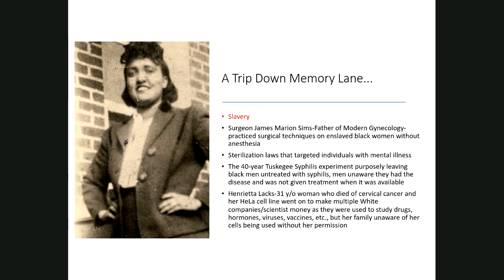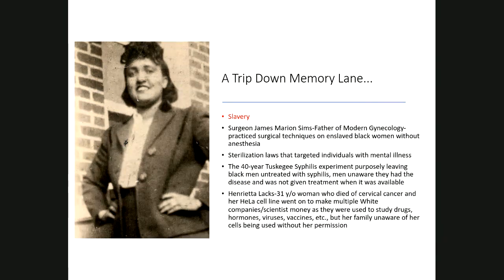And then there's the story of Miss Henrietta Lacks, a 31-year-old woman who died of cervical cancer, and her HeLa cell line went on to make multiple white companies and white scientists money as it was used to study drugs, hormones, viruses, and vaccines, and her family never gave consent for this.